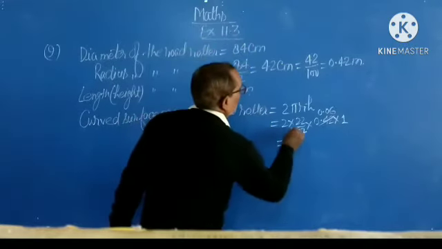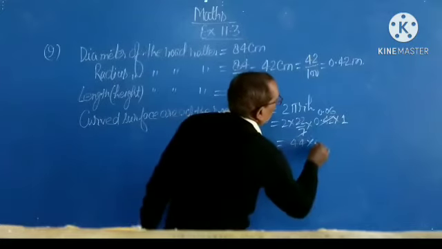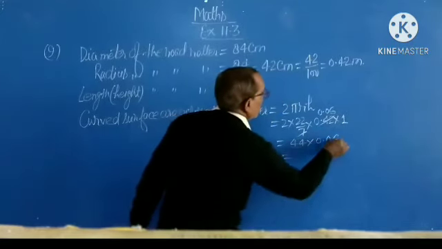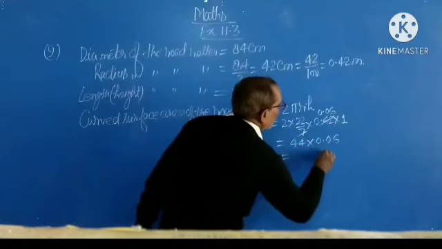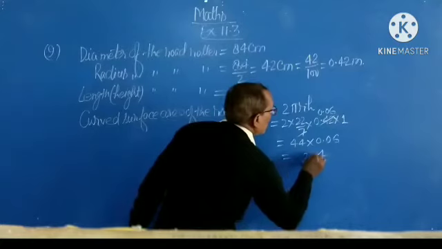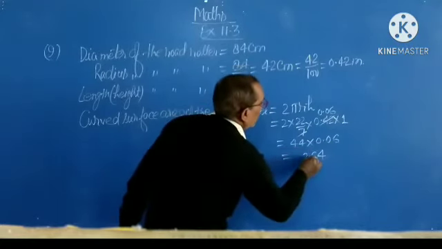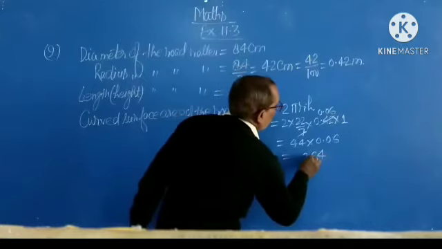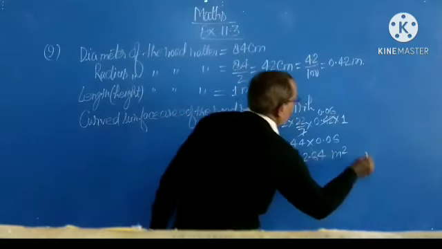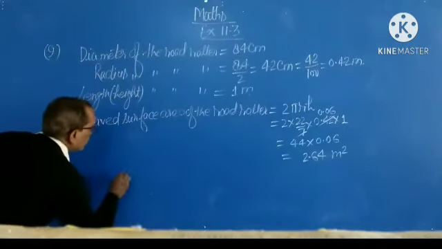When you multiply this, you get 44 into 0.06. You multiply, 6 fours are 24, 6 fours are 24 and 2 is 26, and you put decimal after 2 digits, you get 2.64 meter square.